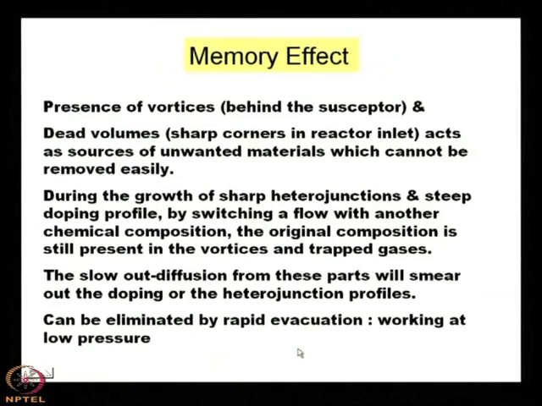Now, what is memory effect? Memory effect is that behind the susceptor and at sharp corners in the reactor inlet, there may be unwanted materials. You see that when it is placed, there is a dead volume behind this susceptor.